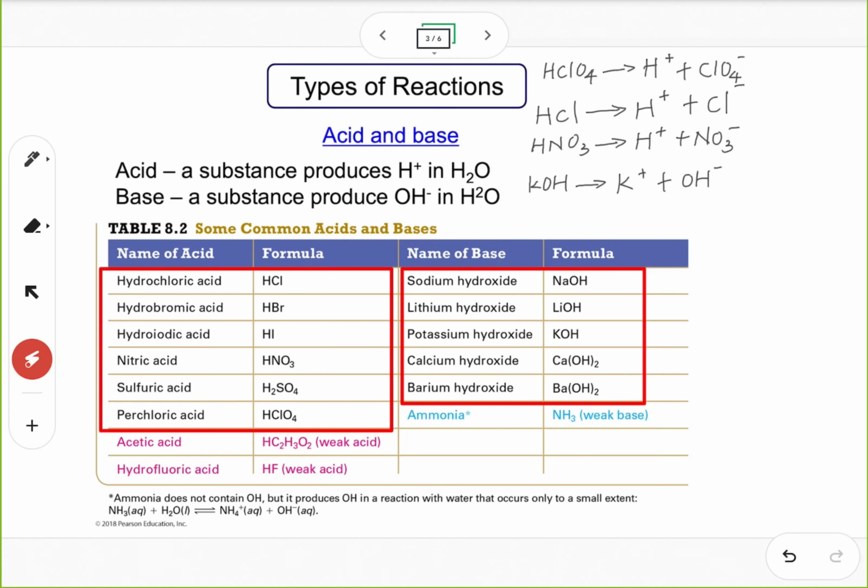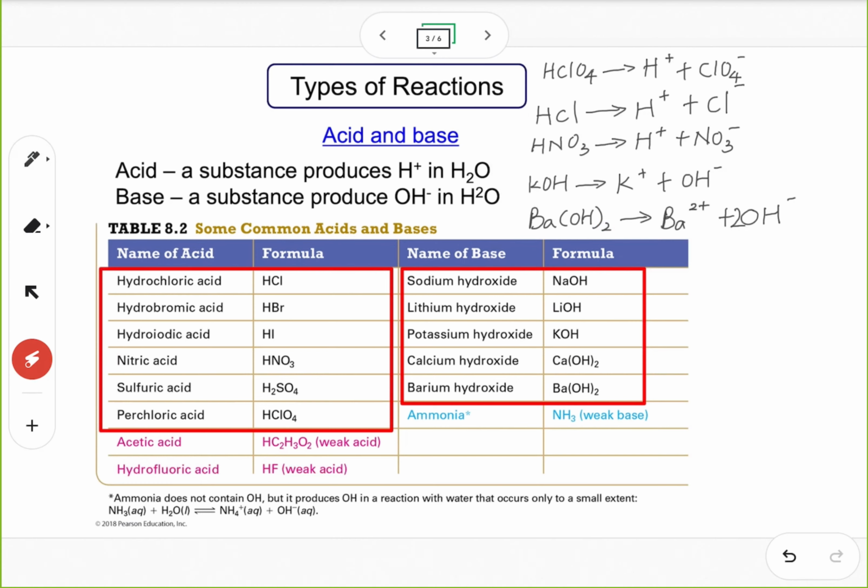And if you dissolve barium hydroxide, it will produce barium cation, Ba2 plus, and 2 equivalents of OH minus. This 2 comes from the 2 here.